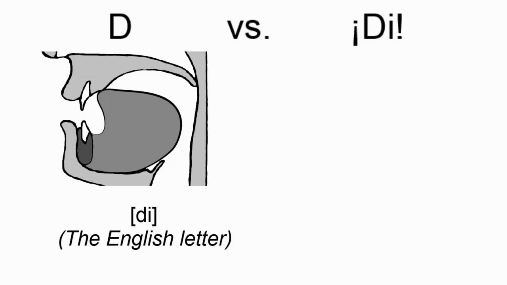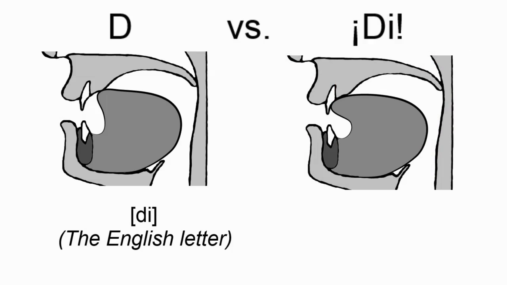But in Spanish, the tip of your tongue flattens out a bit, so that the tip of your tongue actually touches your upper teeth, and the blade of your tongue, that part right behind the tip, touches your alveolar ridge. This gives you a less percussive sound.